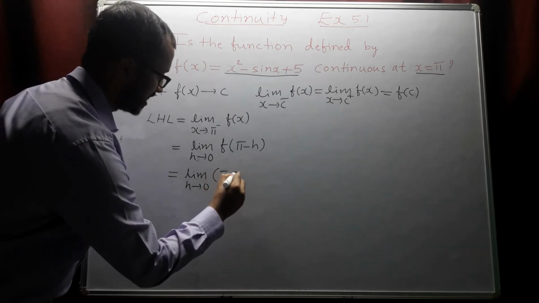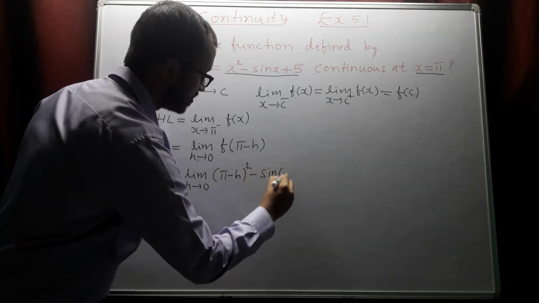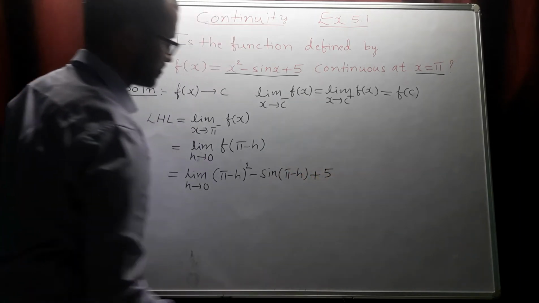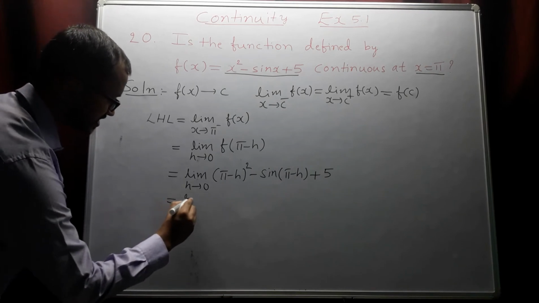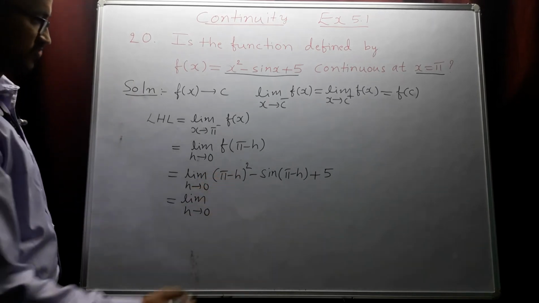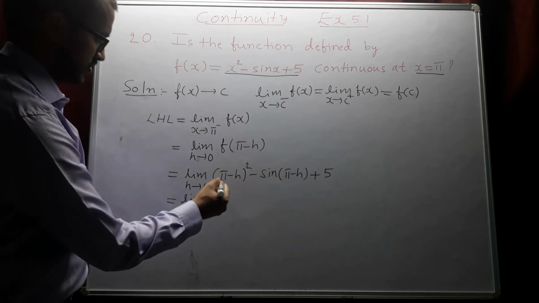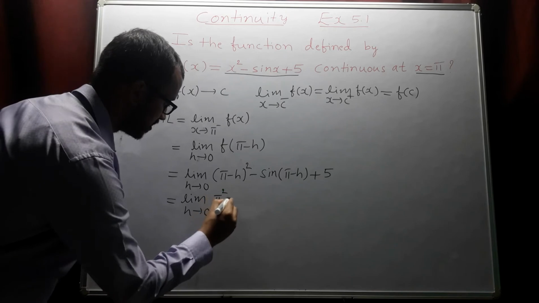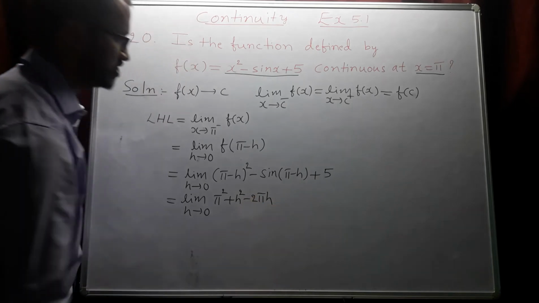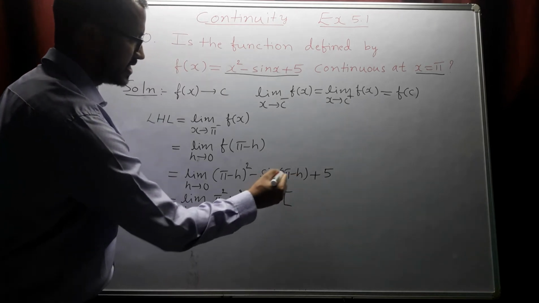So that is (π − h)² − sin(π − h) + 5, which is equal to limit h tends to 0 of (π − h)². Let us expand this by using (a − b)², so that is π² + h² − 2πh, minus sin(π − h).